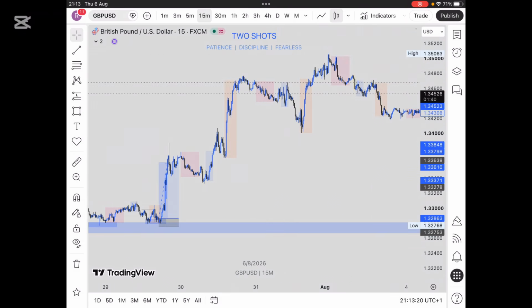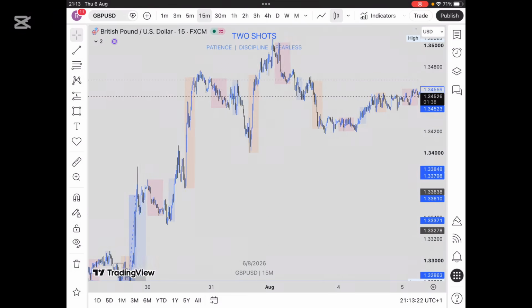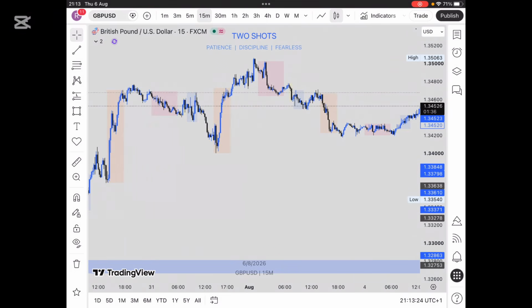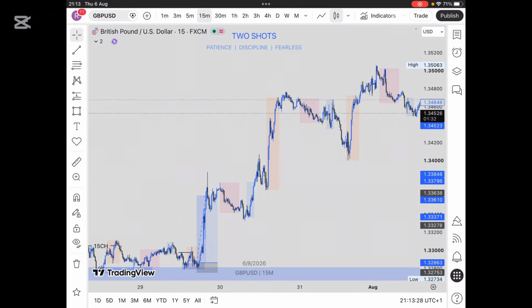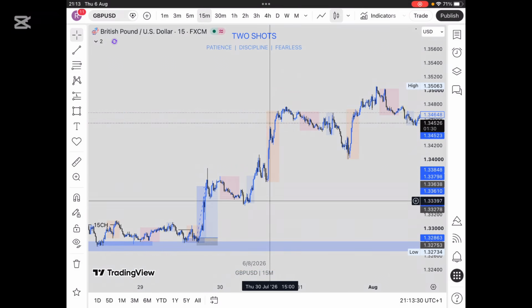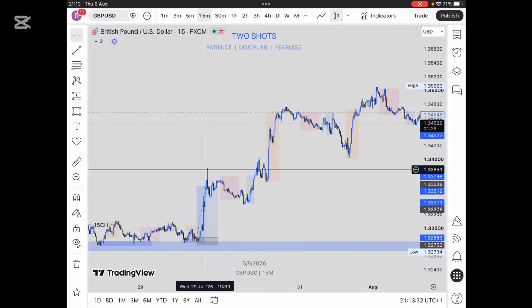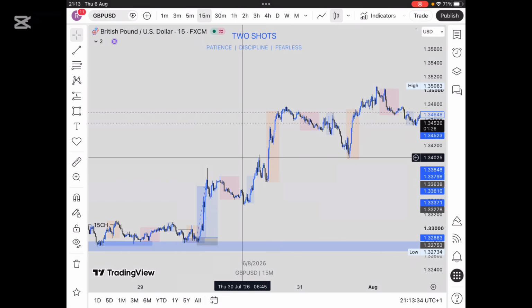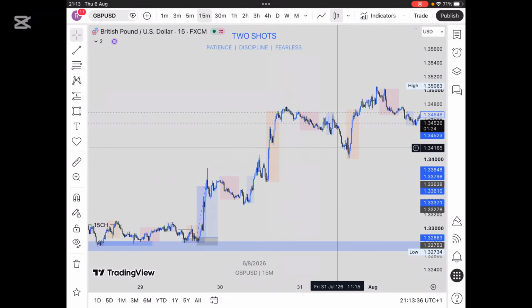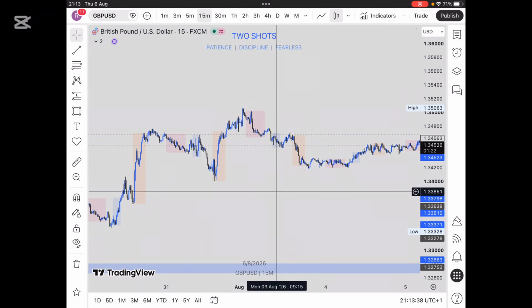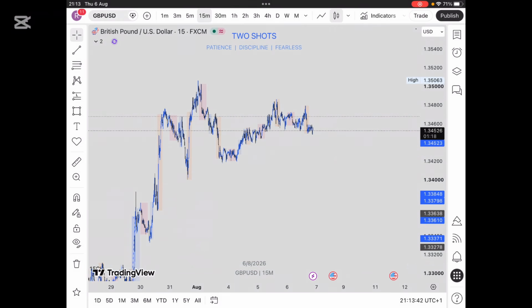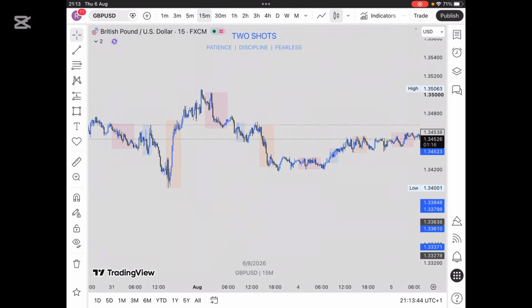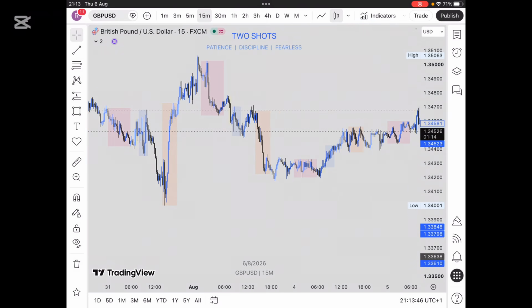After that time, we've been having a series of higher highs and higher lows. So we have this low makes this high, makes this low, makes this high, and so on, before we had this pullback into discount.